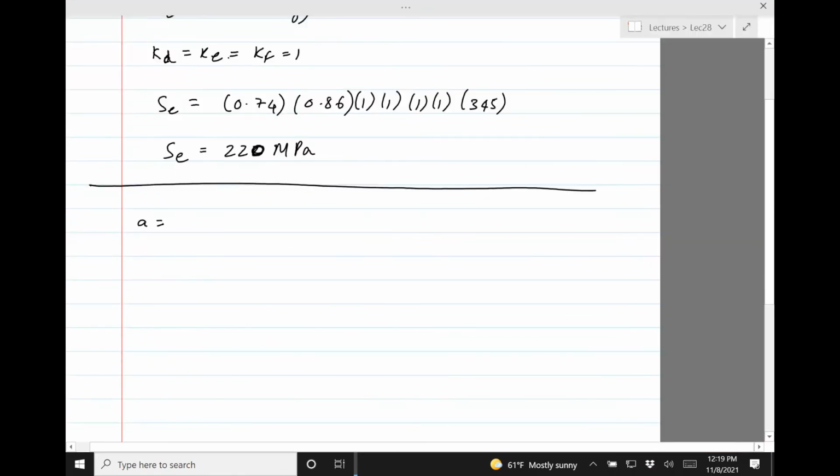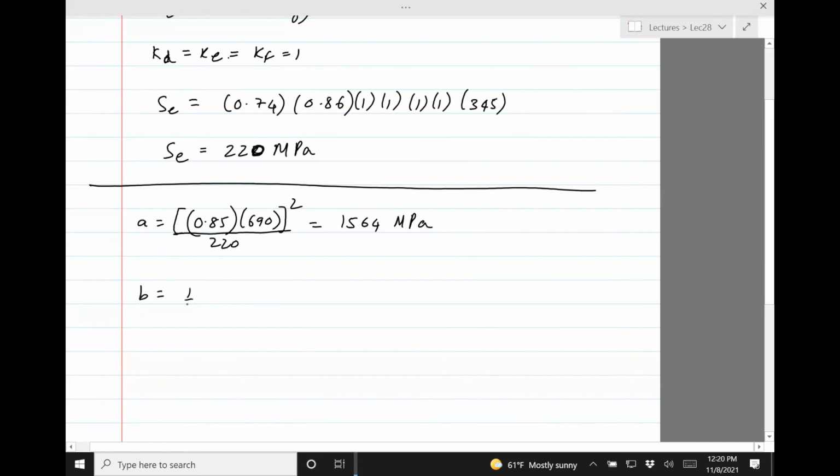So A is F SUT squared divided by SE. So F is 0.85. SUT is 690, given to us. Square of this divided by SE, which is 220. This comes out to be 1564 MPa.